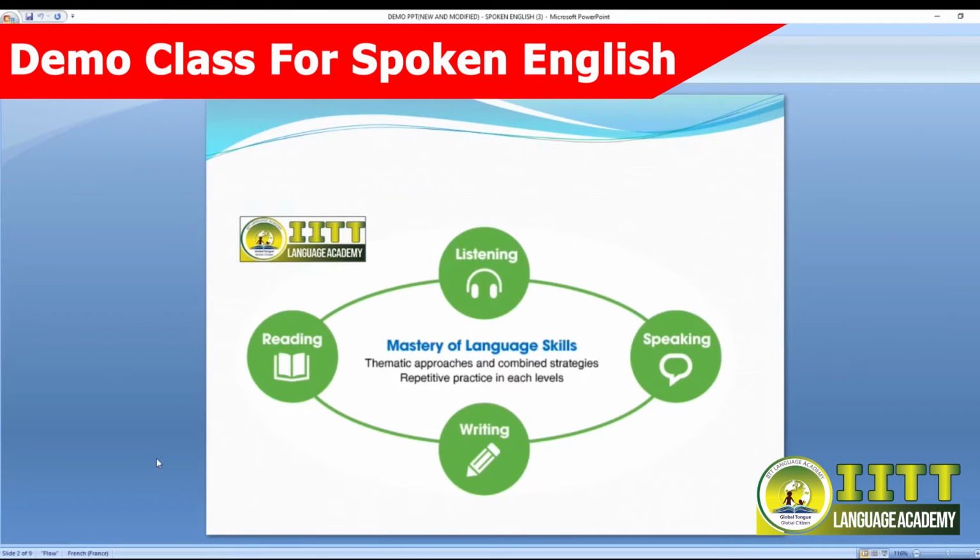You have to listen to a language and understand it. Next, you must have speaking ability to speak in any language and make yourself understandable to others. Then, you should have a minimum professional ability to write the needful things in the language. That is your writing skill part. And next is your reading skill and comprehension part.